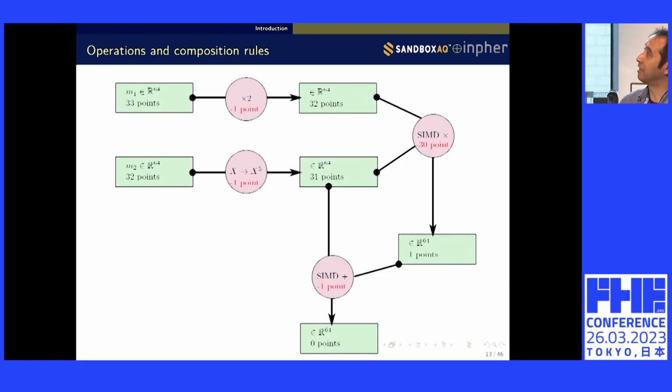Once we have a circuit that uses all of these operations, each operation has an effect on the number of points, and then for each ciphertext we have to assign at which point it will be encrypted, with the rule that the number of points should never go below 0. If it goes below 0, it means that your circuit is wrong and the result will never decrypt correctly.